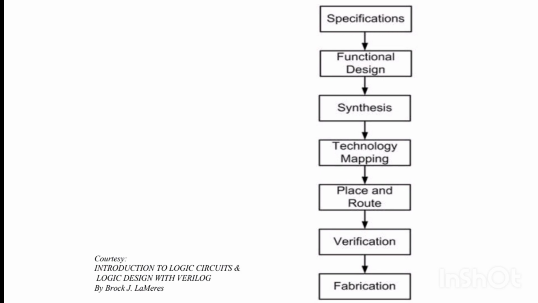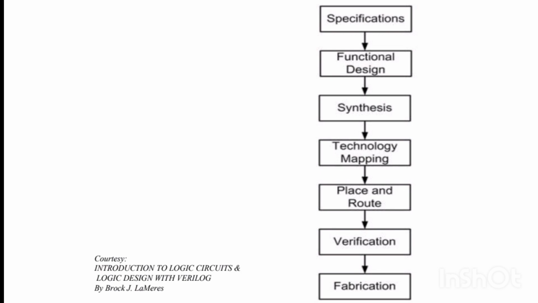In this particular step, we need to select logic technology that will achieve the already mentioned specifications for the system, for example, a 32 nanometer CMOS ASIC design. Now the gate level netlist or schematic should be manipulated into a form that is suitable for the technology used.